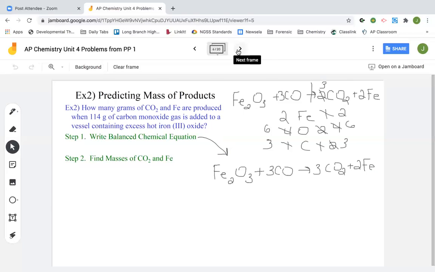Because the problem gives us 114 grams of carbon monoxide, that's how we're going to start both of our stoichiometry problems. So first, we're going to go from carbon monoxide to carbon dioxide. Then we're going to set up a different problem. We're going to go from carbon monoxide to iron.